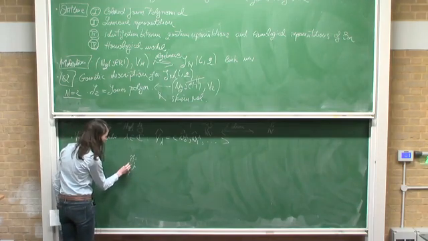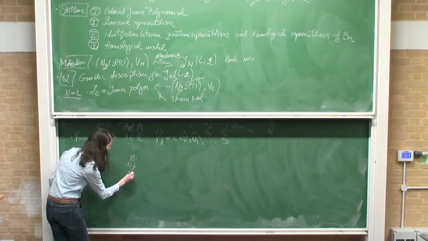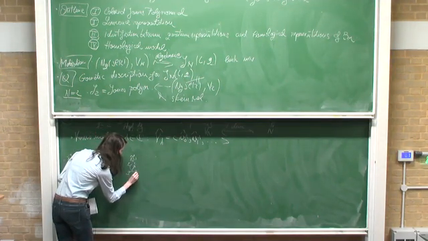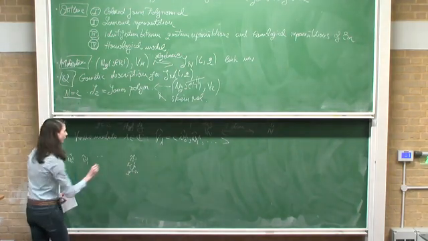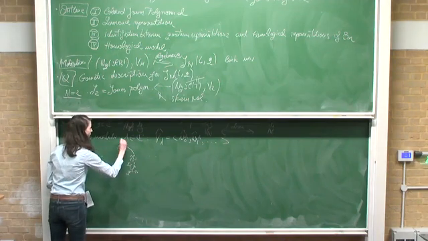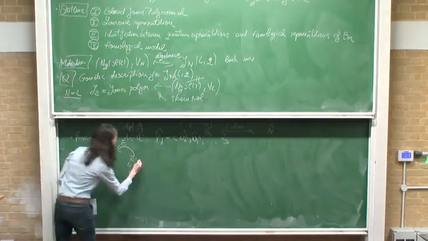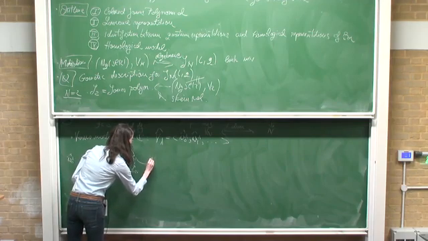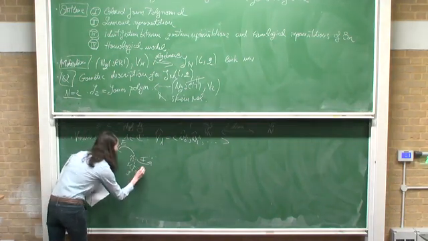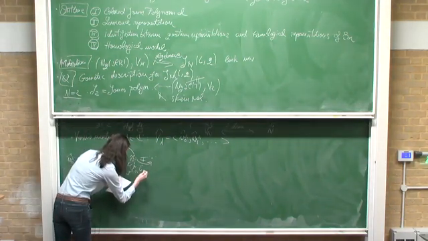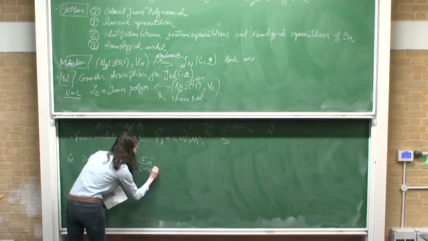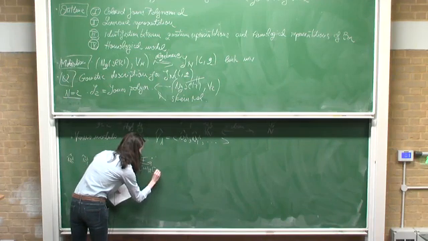So here, K acts on v_i with q to the power lambda minus 2i, E will move to the left, and F will move to the right, but will multiply with a constant, a scalar which is [i+1] times [lambda minus i].